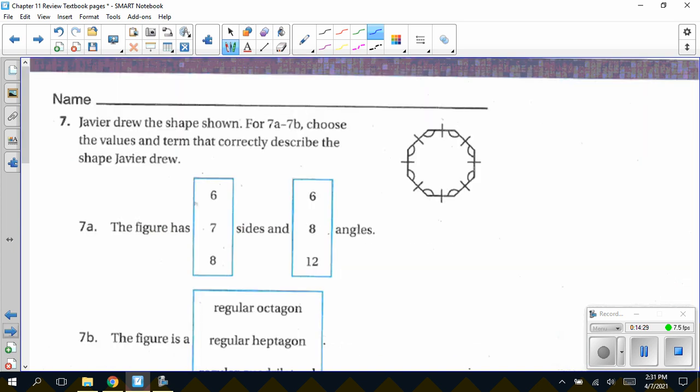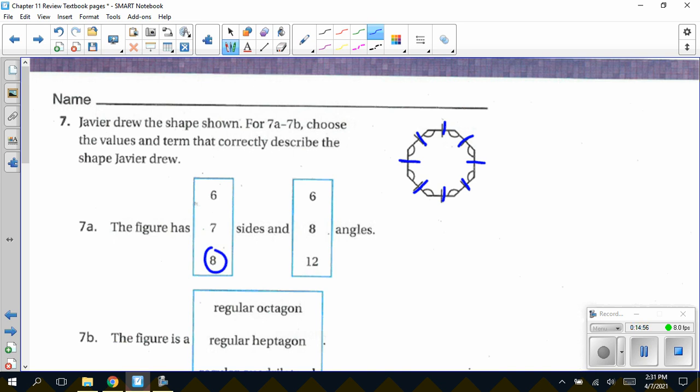Moving on to the next page. Number 7. Javier drew the shape shown. For A through B, choose the values in term that correctly describe the shape Javier drew. Well, they want to know the figure has how many sides and how many angles. So if I count this, 1, 2, 3, 4, 5, 6, 7, 8, I see that there are 8 sides.